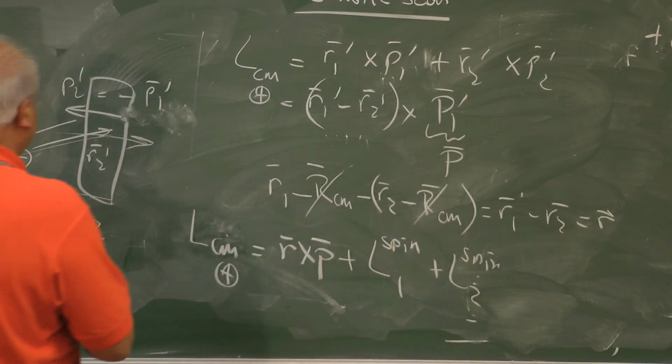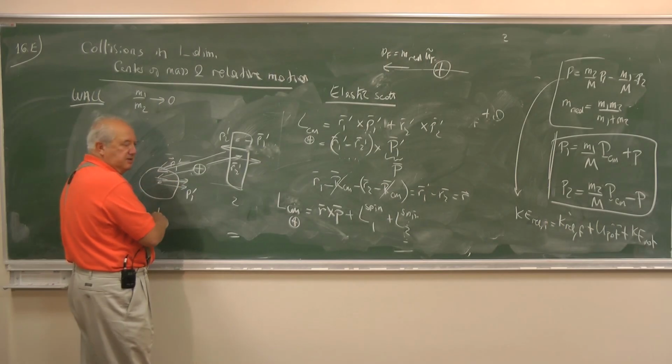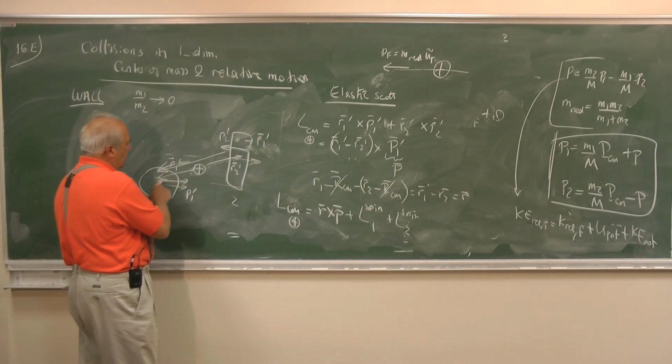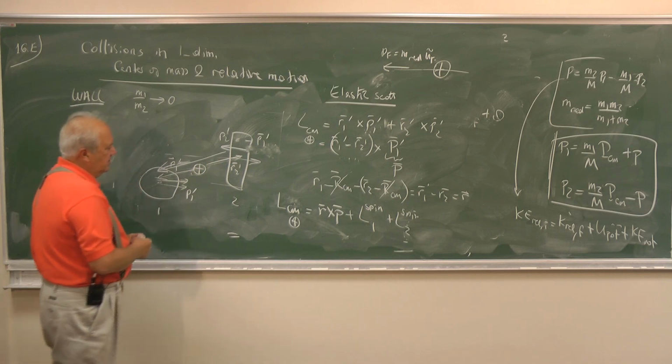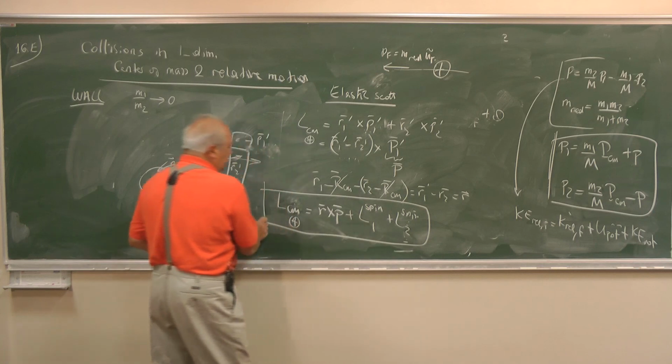Namely, there may be additional angular momentum, because they are rotating about their axis passing through their centers of mass. So this is a very nice and simple formula.